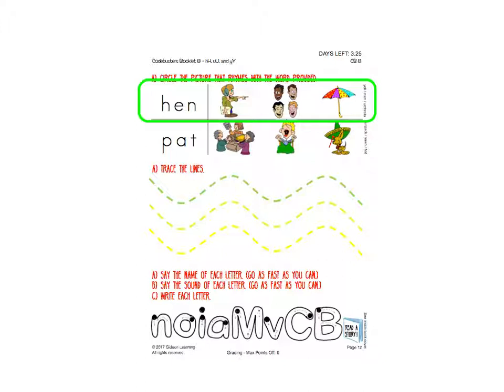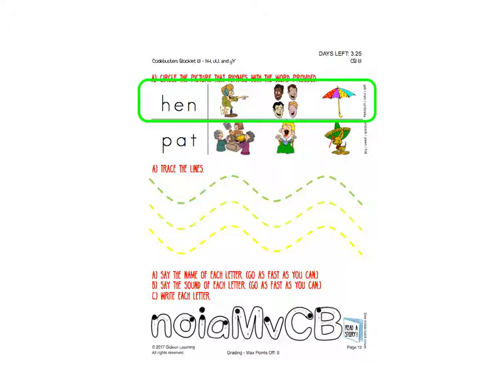So when you're working with your student, be sure to really emphasize the ending sounds. Hen, hen. And let's go through the possible options for the answer. Hen and yell. Hen, men. Hen, umbrella. So now you want your student to tell you which one has the similar ending sound.